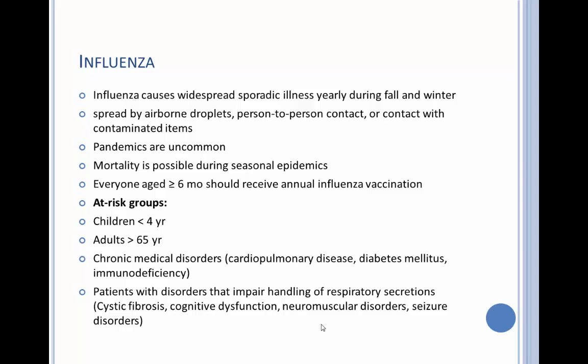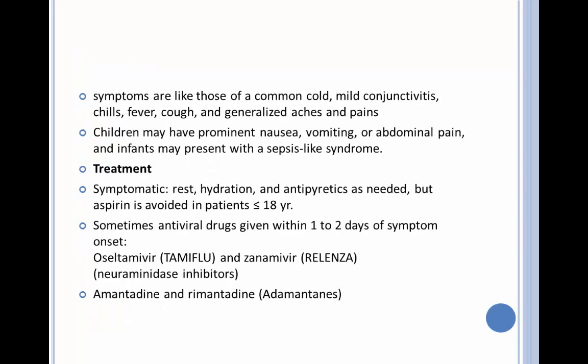In addition, if the patient has any other chronic medical conditions such as cardiac diseases, diabetes, or renal or hepatic insufficiency, or any type of immunodeficiency, of course, and if the patient cannot handle respiratory secretions such as in cystic fibrosis or seizure disorders or any type of neuromuscular disease, is also a risk population.